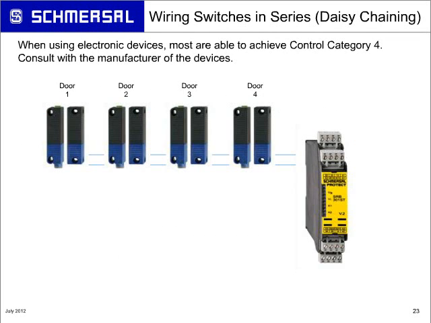So in the case where you're using electronic types of safety switches, some could be what's referred to as pulse echo or transponder technology or RFID type of safety technology. You can actually wire those in series and still maintain a Control Category 4 because each switch is able to do its own internal monitoring from one to the next and have a final switching element to your actual safety monitoring relay for the rest of your safety circuit.